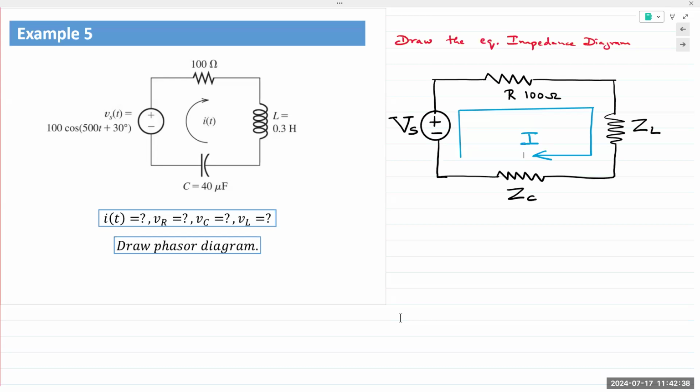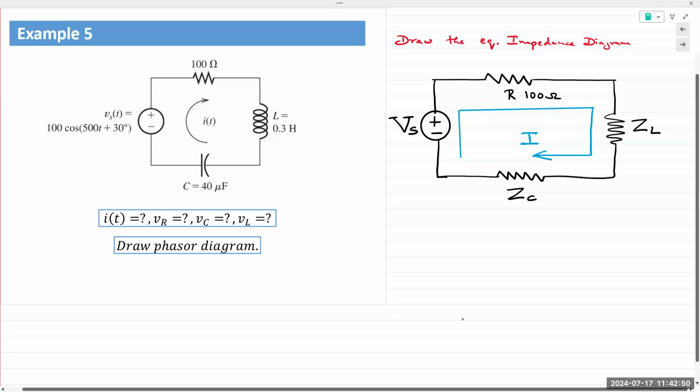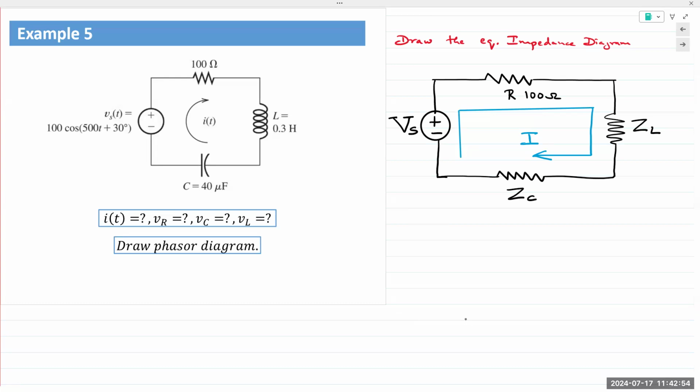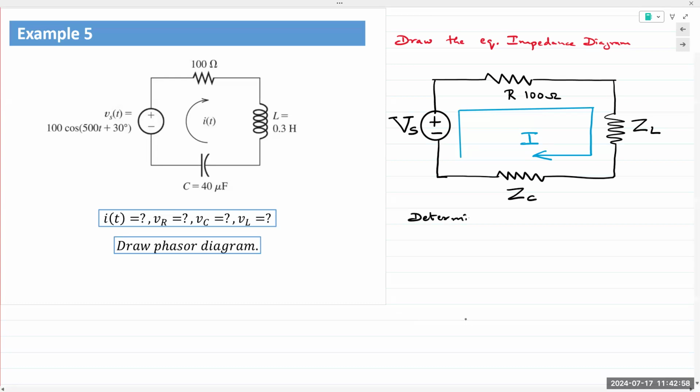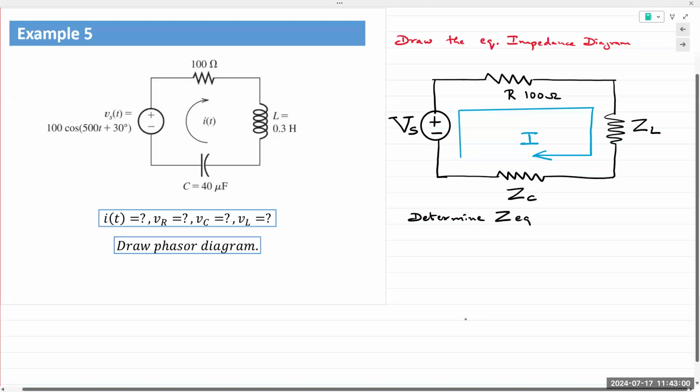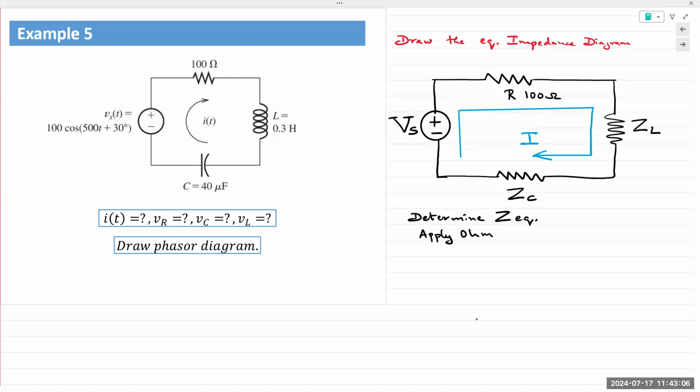So the circuit analysis, again, is straightforward. It's the same thing that we learned in chapters 1 and 2, but the math is different. So we'll talk about the math, okay? I'll quickly outline the steps. We'd find ZEQ. So determine ZEQ. Apply Ohm's law.